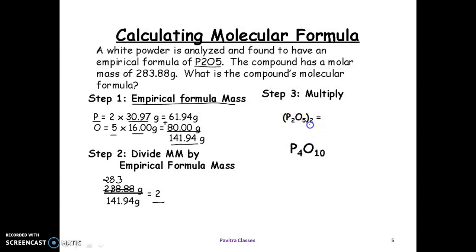So n is 2 here, and the empirical formula they have given is P2O5, so multiplying by 2 it will give P4O10. 2 into 2 is 4, 5 into 2 is 10. This is the empirical formula to molecular formula calculation.